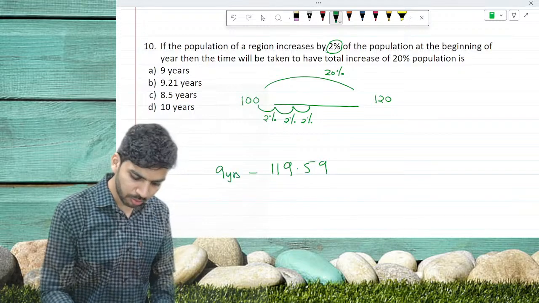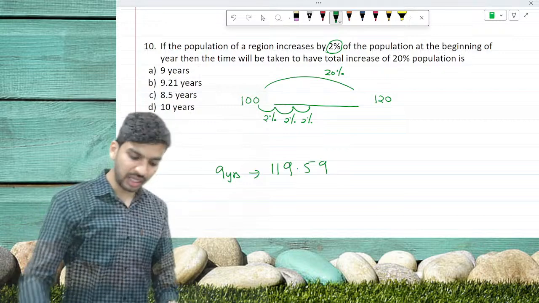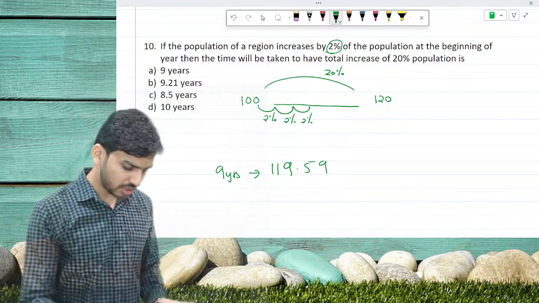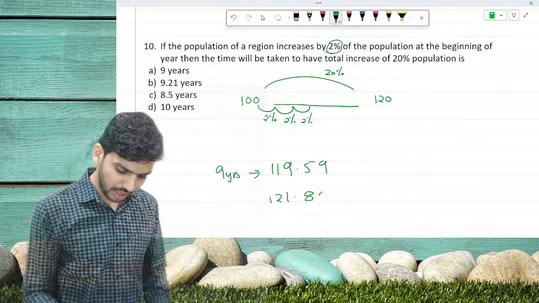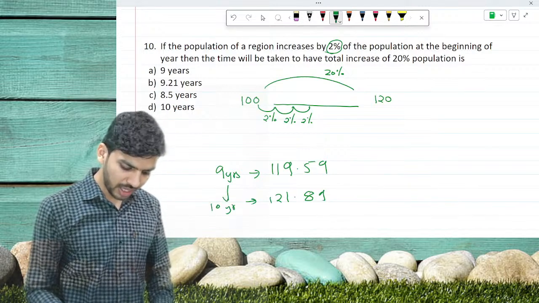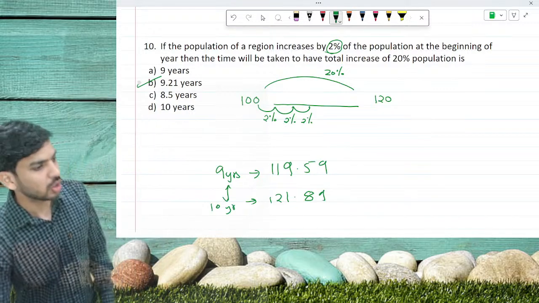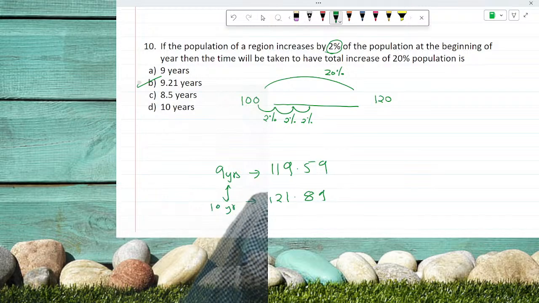In 9 years the population is 119.59, but it should be 120. If I go with the next, that is plus 2%, it will give 121.89, which I also do not want. So it will be in between 9 and 10. Go with options. Option B, 9.21.